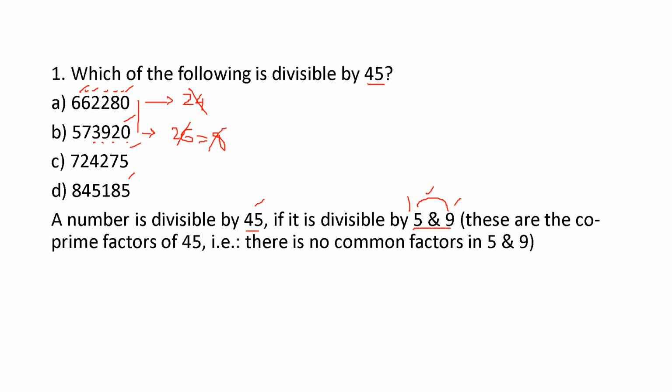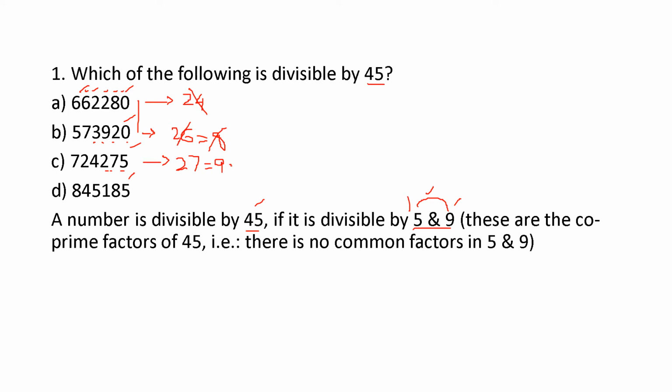And the next is 7 plus 2 plus 4 plus 2 plus 7 plus 5, and the answer is 27. 27 is divisible by 9. Or as above, we can take 7 plus 2, 9. So 9 is divisible by 9, right?